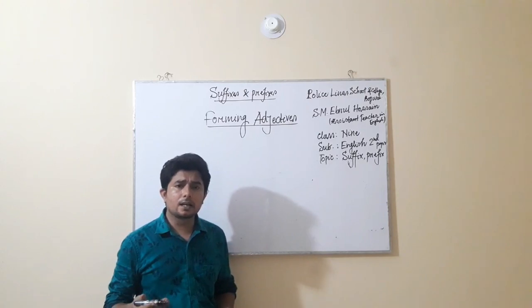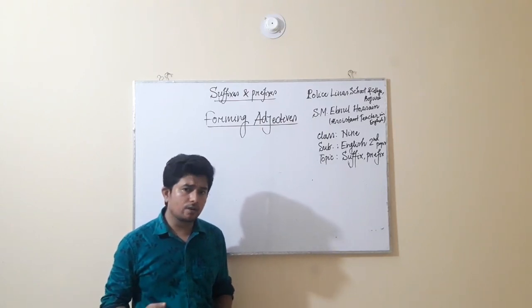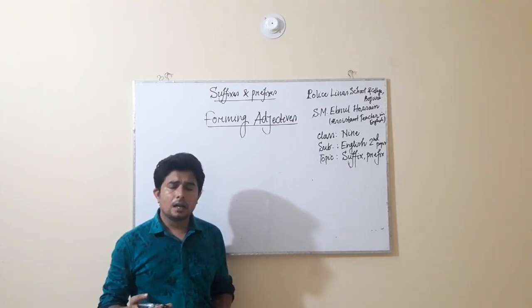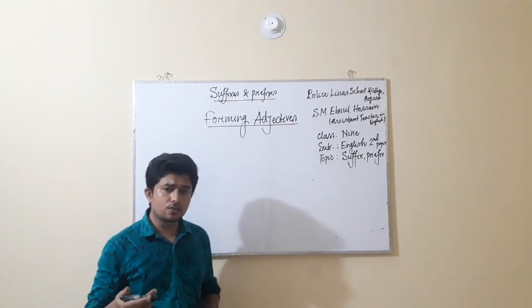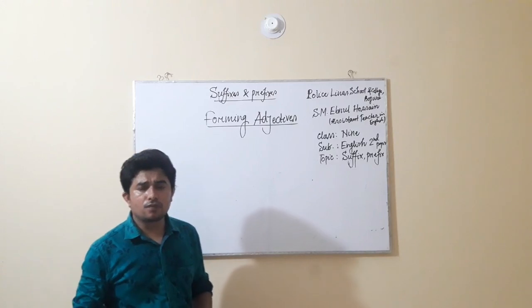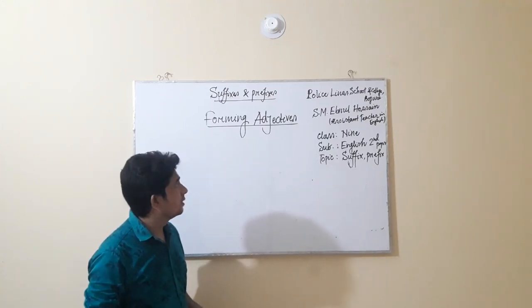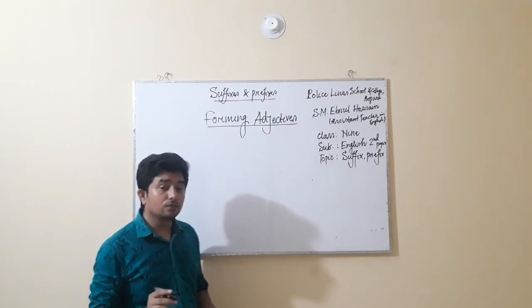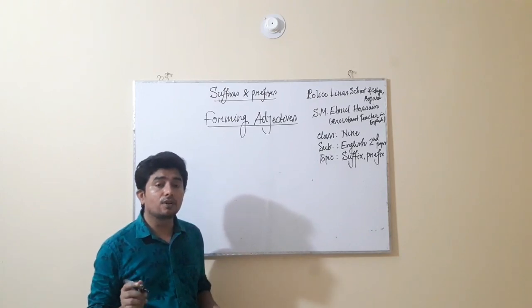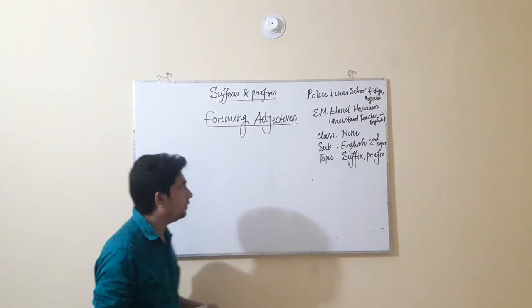Suffixes are a group of letters which are added at the end of the root word or base word, and prefixes are a group of letters which are added at the front of the base word or root word. In the previous class we learned the formation of nouns, and today we are going to learn the formation of adjectives by adding different suffixes.